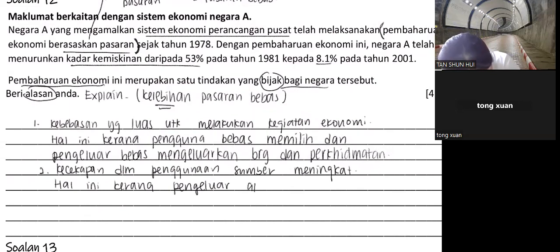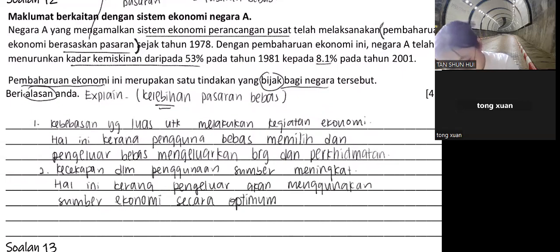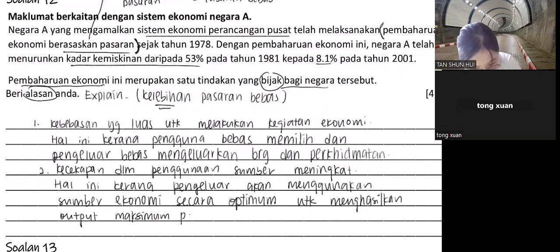Akan menggunakan sumber ekonomi secara optimum. Optimum means the best level. Why they want to use until the best level? To achieve minimum cost and maximum output. Untuk menghasilkan output maksimum pada cost minimum.